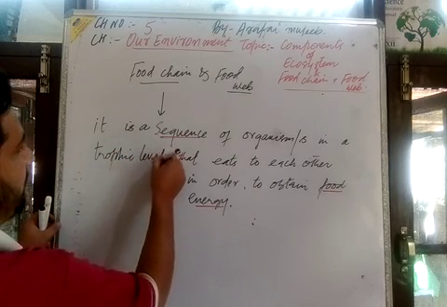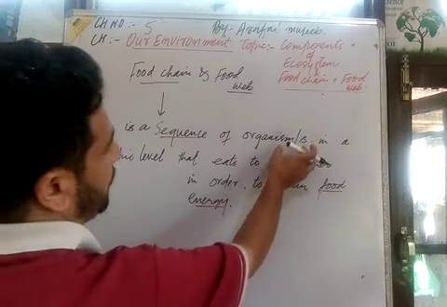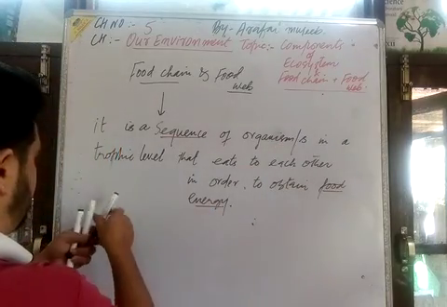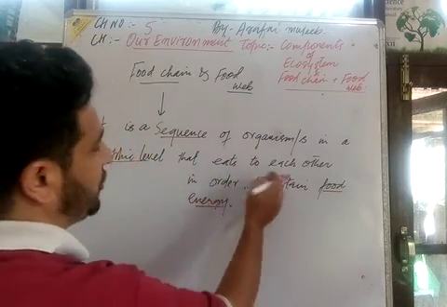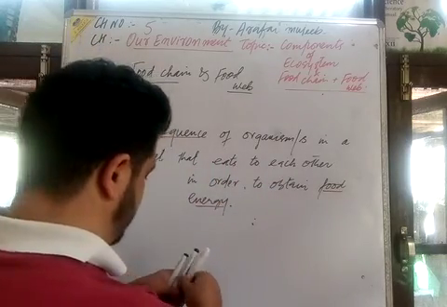In a trophic level, organisms eat each other in order to obtain food energy.